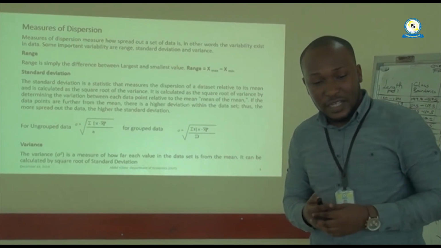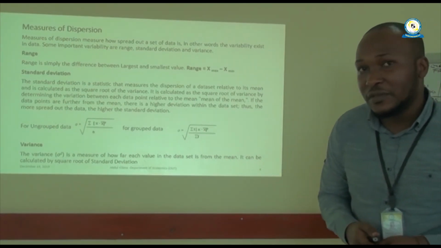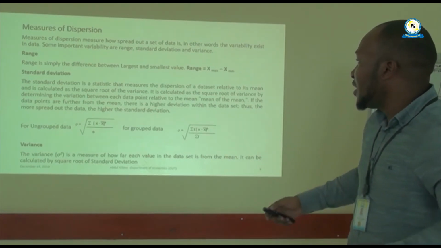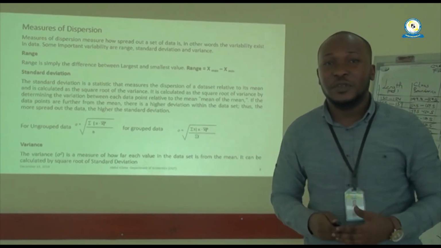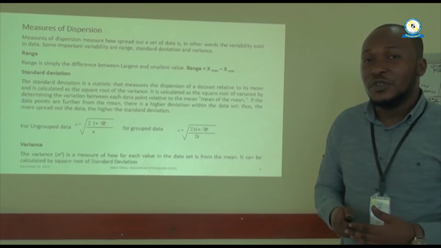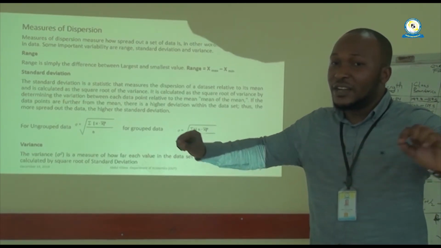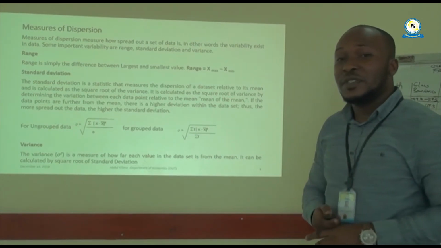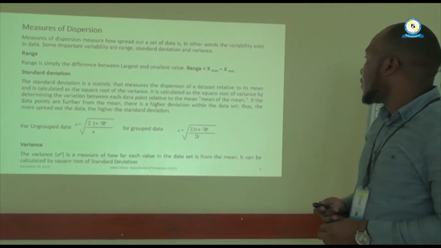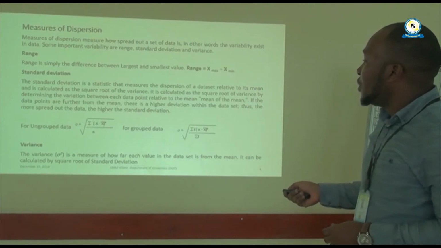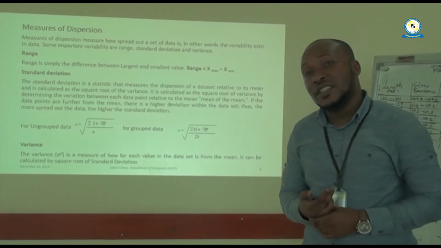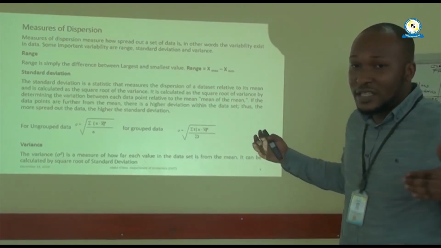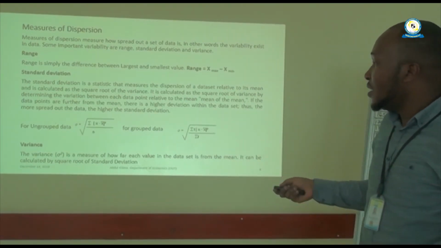Maybe we have data of Tanzanians' heights, with a mean height of maybe 5.5. If you take 5 Tanzanians, what is the variation? Maybe one is 5.5, another 6, 5.4, 5.7. If the deviation becomes large, it means the heights are spread out. If it is small, the data is very closely related.